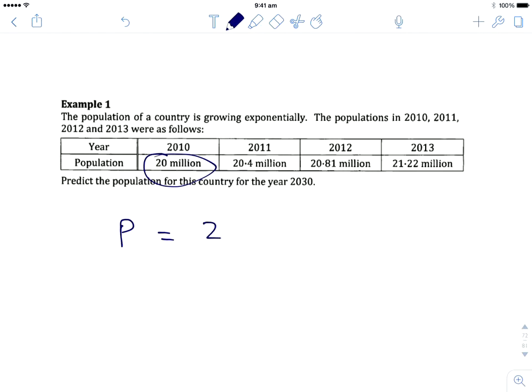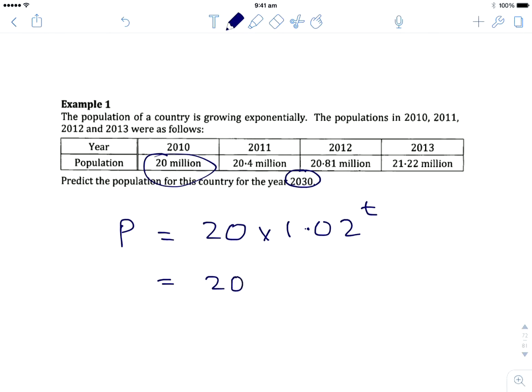So I always put the starting value at the front here, 20 times 1.02 to the power of t. So the next year we're saying 20 times 1.02 to the 1, then we're taking that value times it by 1.02 again. Okay, so the question's asking what's the population for the year 2030.